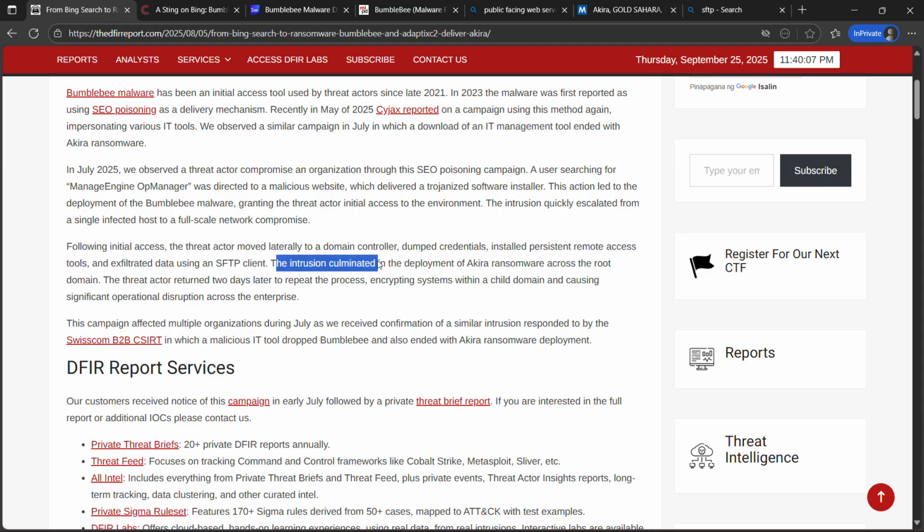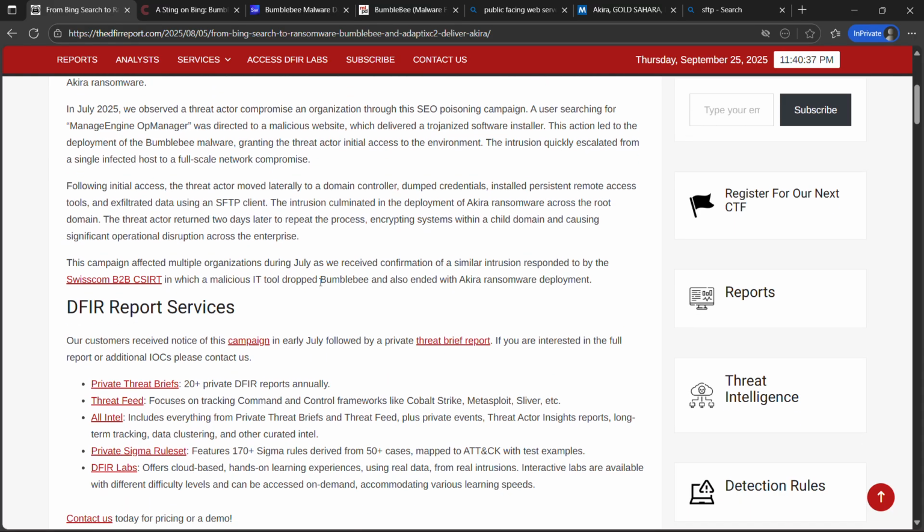The intrusion culminated in the deployment of AKIRA ransomware across the root domain. The threat actor returned 2 days later to repeat the process, encrypting systems within the child domain and causing significant operational disruptions across the enterprise.